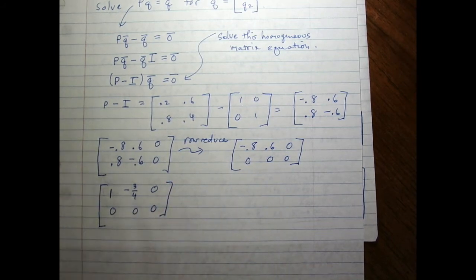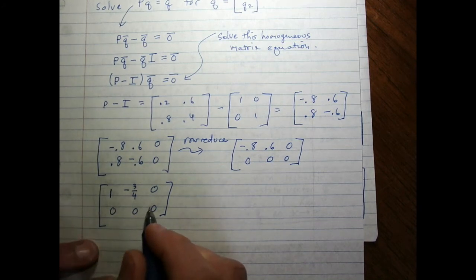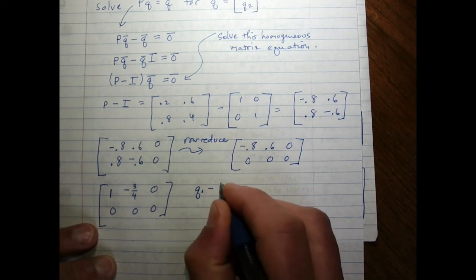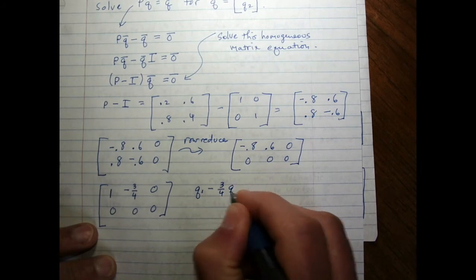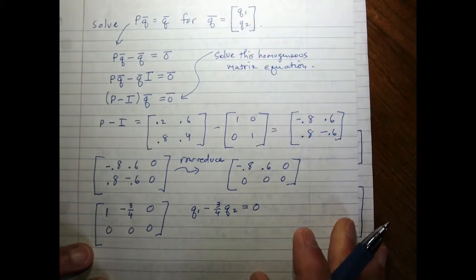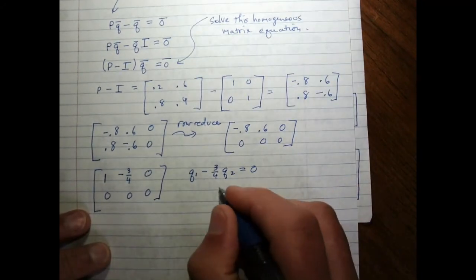And I got my reduced form here, so I can say Q1 minus 3/4 Q2 is 0, because I was saying my variables were Q1 and Q2.